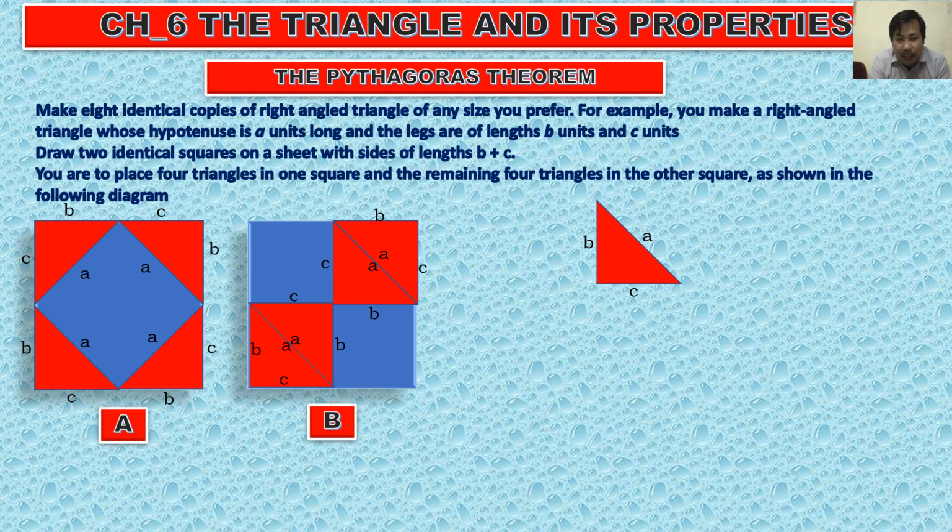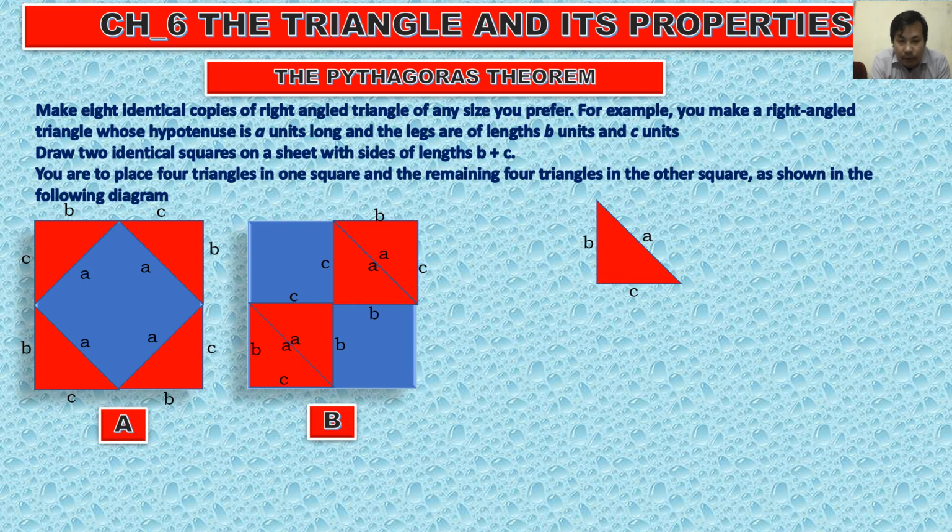The blue smaller squares you can see there. We are using the same triangles, having the same size only. We don't change any size or any side. So the way we kept them in square A, we formed the bigger square where all the sides are a.